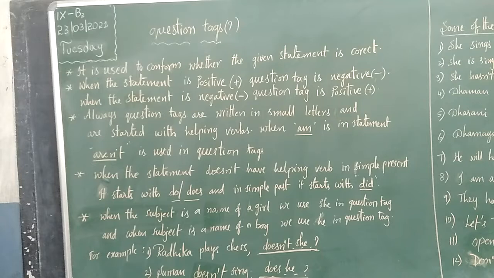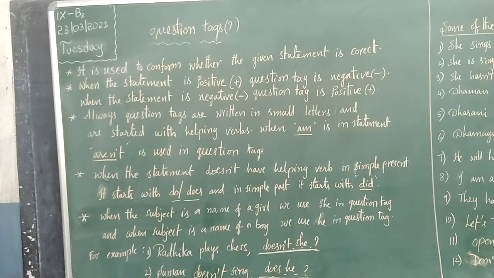See, when am is in the statement, aren't is used in the question tag. For example, I am a singer. Am is a helping verb in this particular sentence. See, if am is the helping verb, we do not use amn't directly, we can't, but we have to use aren't.